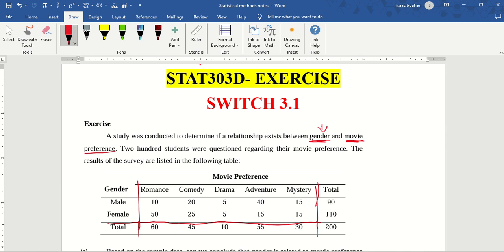So you have to know that this data is qualitative.